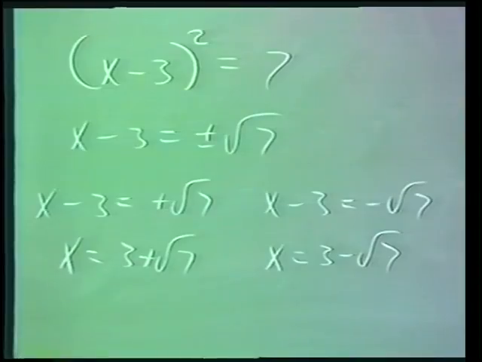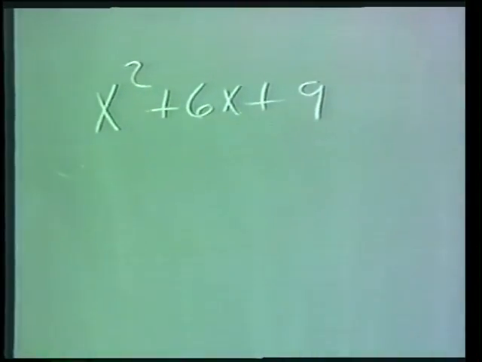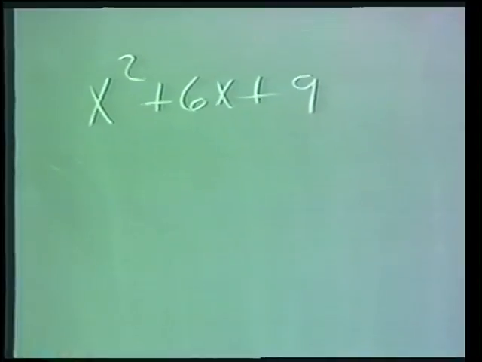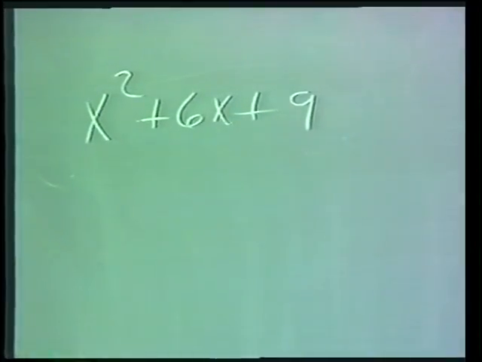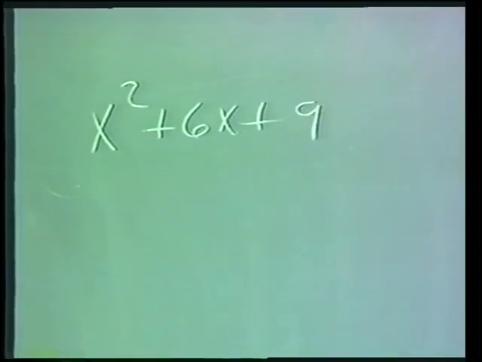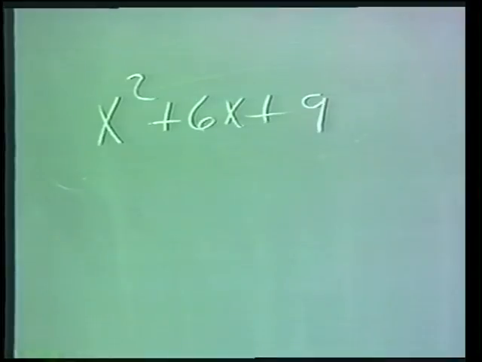Okay? Now, let's suppose I have x squared plus 6x plus 9. Three-termer. And what I'd like you to do is factor that. Just factor it. What do you get when you factor that?